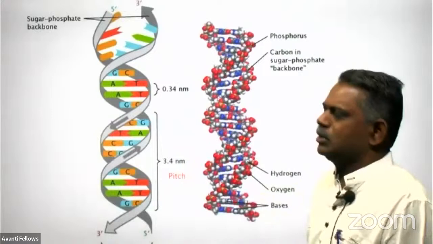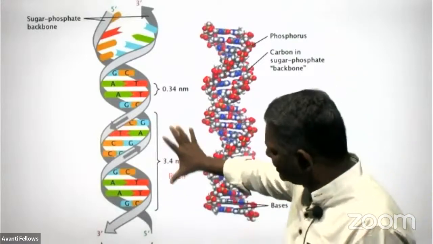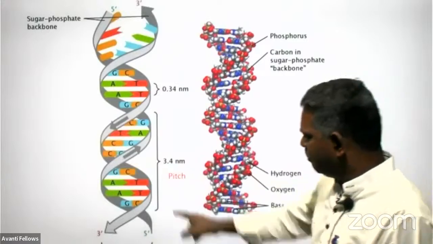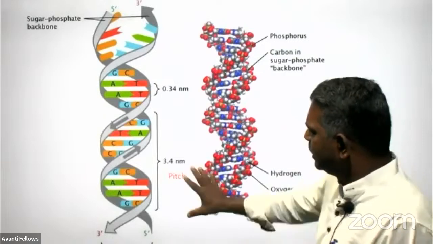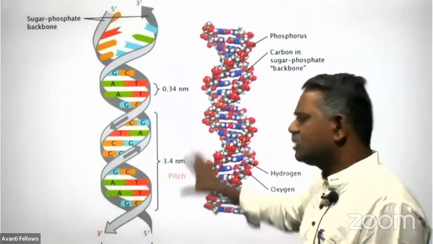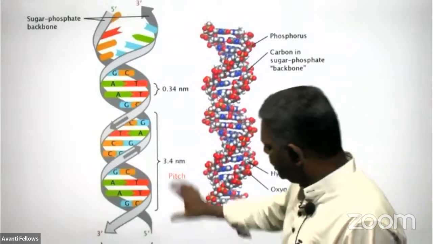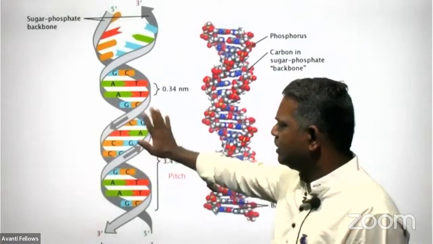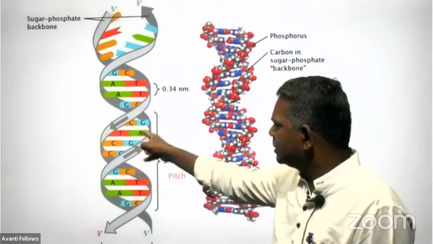And the length of this one pitch of the DNA is 3.4 nanometer. This is the pitch length. Pitch means one coil of the DNA, and its length is 3.4 nanometer. And in one pitch, we can find 10 nitrogenous bases: 1, 2, 3, 4, 5, 6, 7, 8, 9, 10.